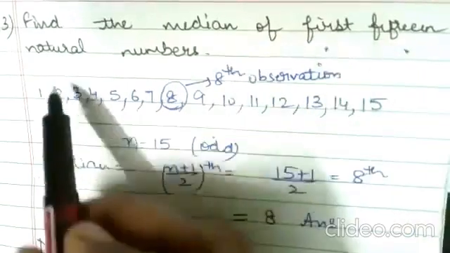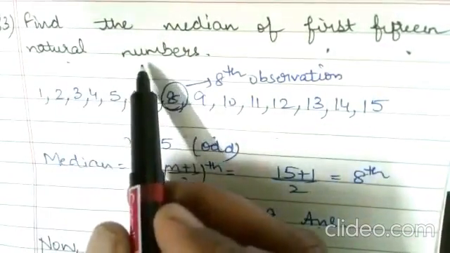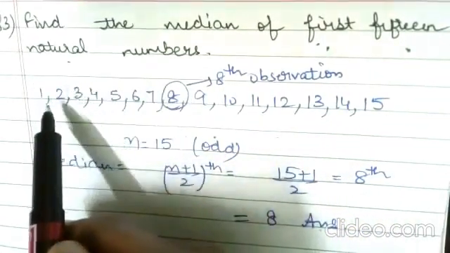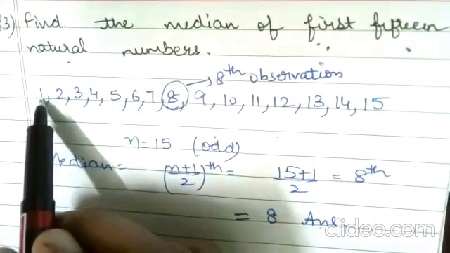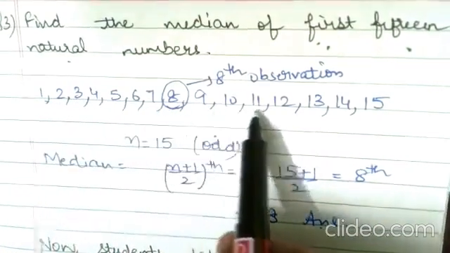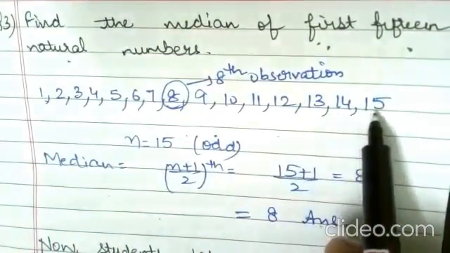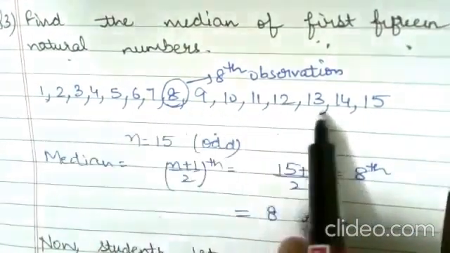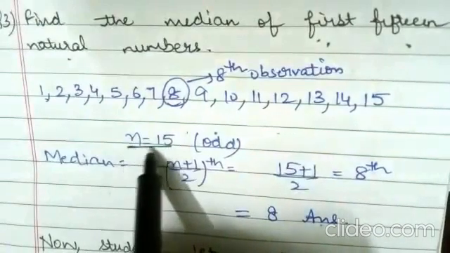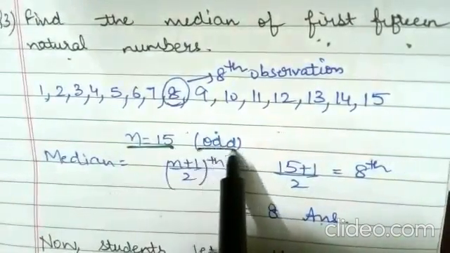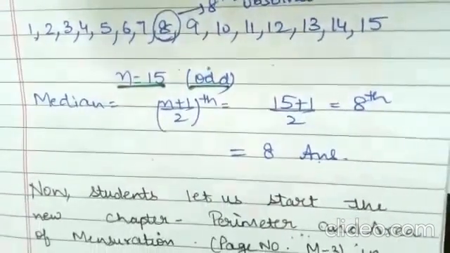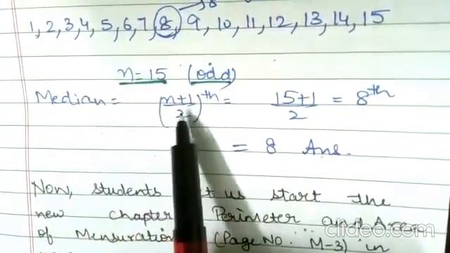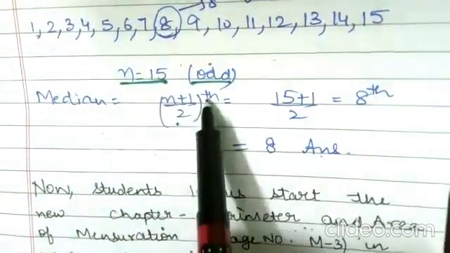Next question is, find the median of the first 15 natural numbers. The natural numbers start from 1 and we have written all the natural numbers up to 15. Now these are 15 natural numbers, so n is equal to 15, which is an odd number. So the formula for odd is (n plus 1) whole upon 2 th.